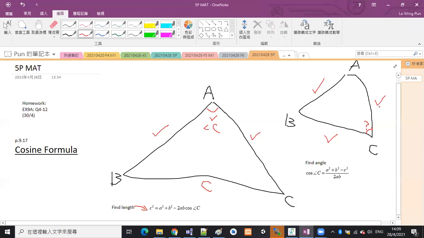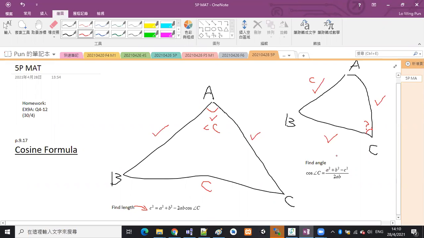What matters is which side being length C. If I want to find this angle, then this is angle C, and this angle is looking at this length AB, and the number here should be placed in the position of C. And then length BC and length AC, one of them will be length A, the other will be length B. Which one is A, which one is B, doesn't matter.